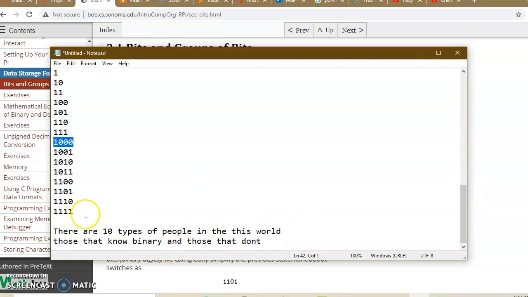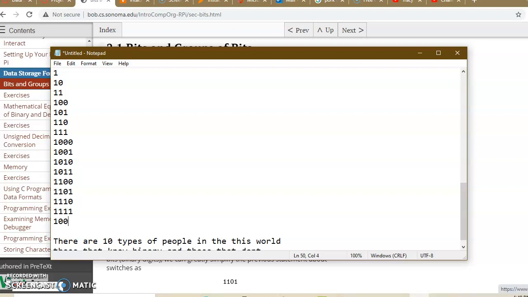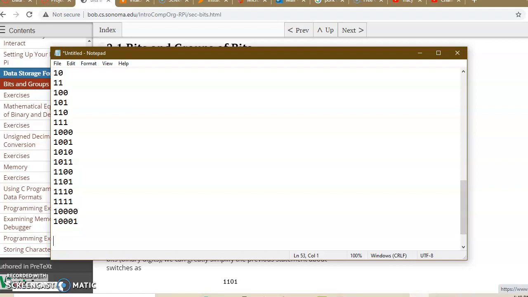Now, the combinations that we can possibly make with 8 digits, if I continued to count, you would find that next would be 10000, and then there would be 10001. And if I continued to count, you'd find that if I had a possibility of 8 digits, where the highest digit is 1 2 3 4 5 6 7 8, that's where we can hold a byte.